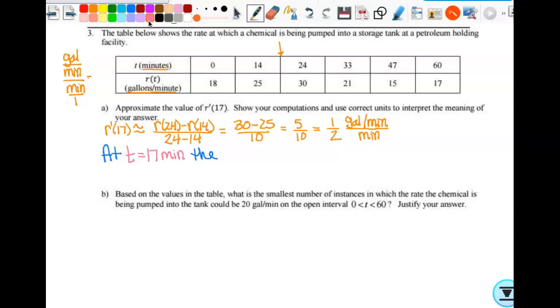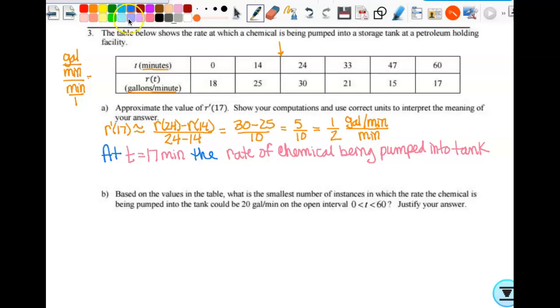So it is the rate of the chemical being pumped into the tank. I'm just going to say into tank, okay? So it's the rate of chemical being pumped into the tank.